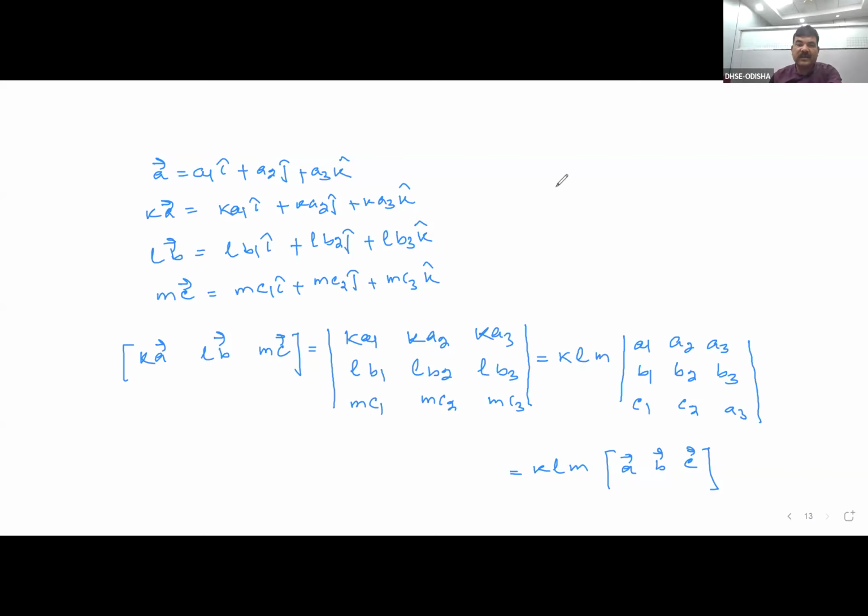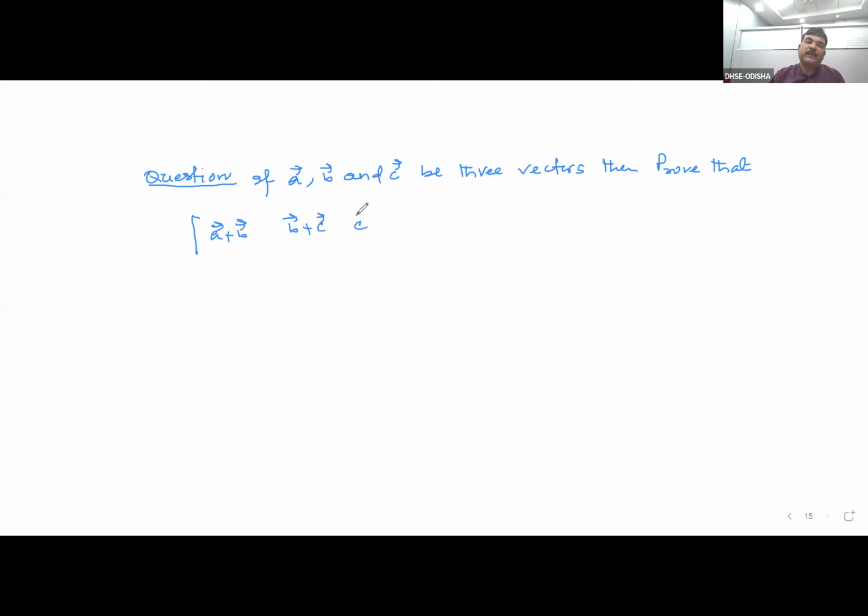Okay. So write down a question. If A bar, B bar, C bar are vectors, then prove that box product of A plus B, B plus C, C plus A equals twice of box product of ABC.